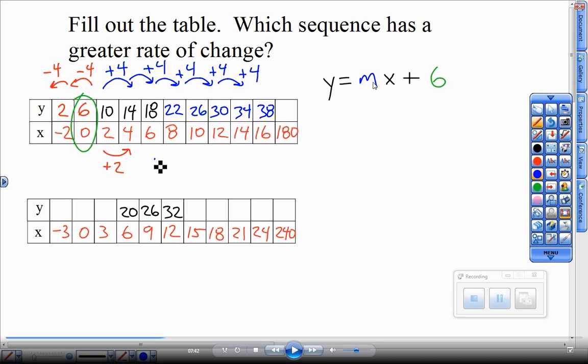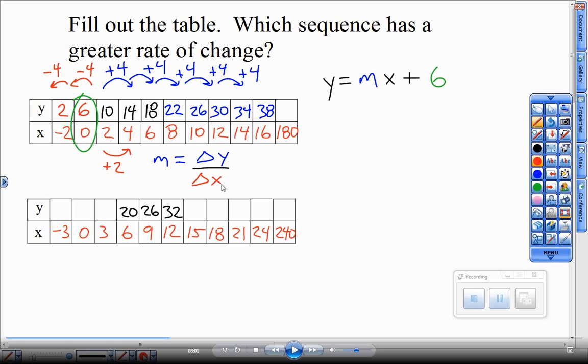But now to find that m number, remember, m or slope or rate of change is always the change in the y number over the change in the x number. Remember, y way up high, like rise over run, the change in y over the change in x.